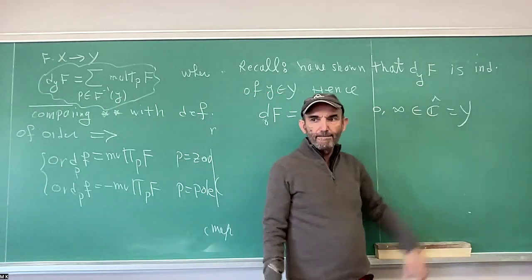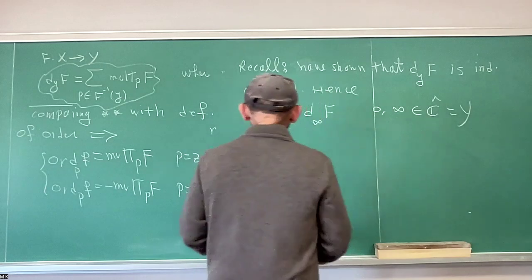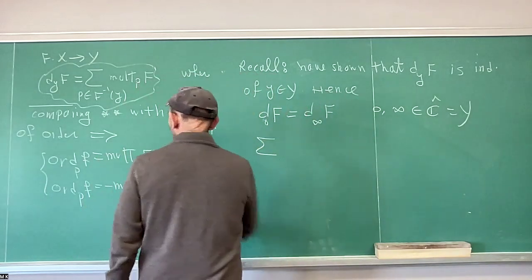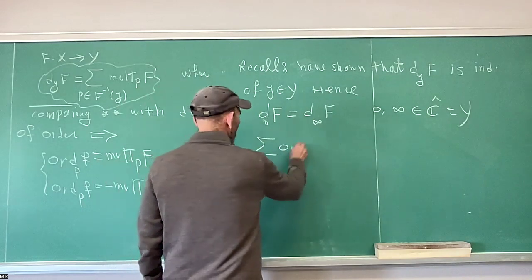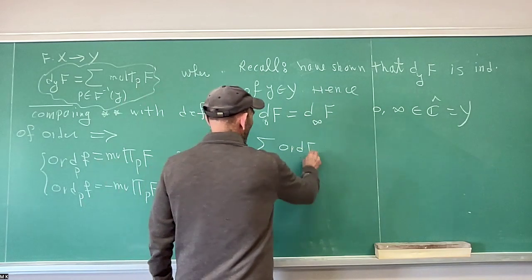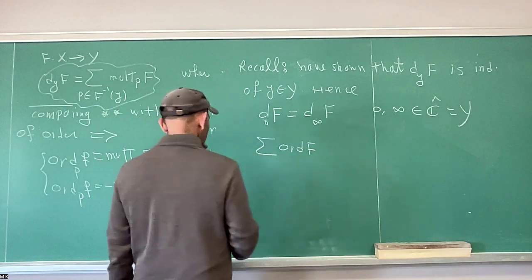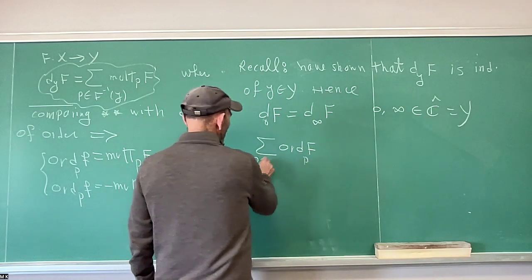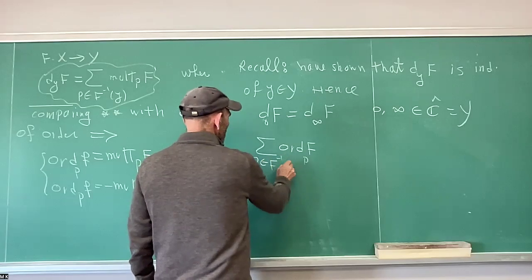We'll see. So there are these 2 points. Now if you just see it, this is your sum of orders of f at p, where p belongs to f inverse of 0.